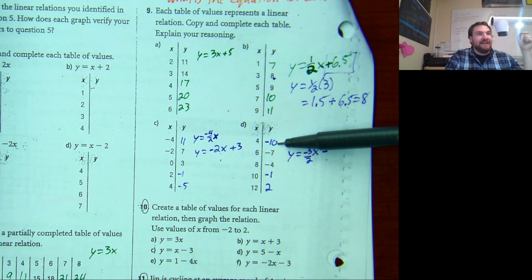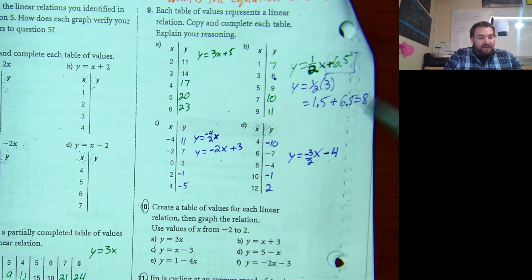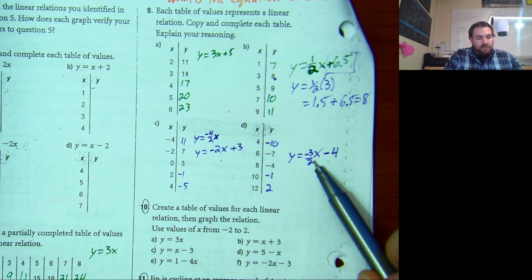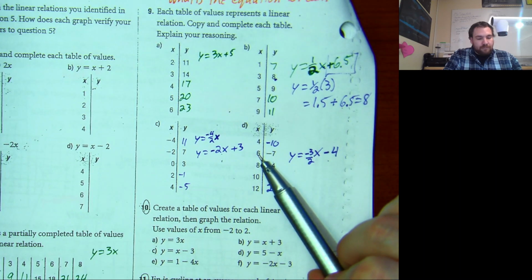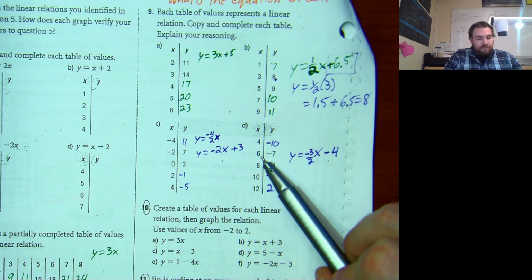So what do I have to add to negative 6? I have to add negative 4, or I subtract by 4. Let's test it. What's 6 times negative 3 over 2? It's going to be negative 9.